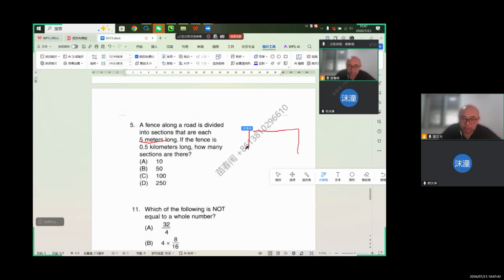The fence is divided into sections each. Wait, actually no. They're all like this. The fence is 0.5 kilometers, right? Each section is 5 meters.